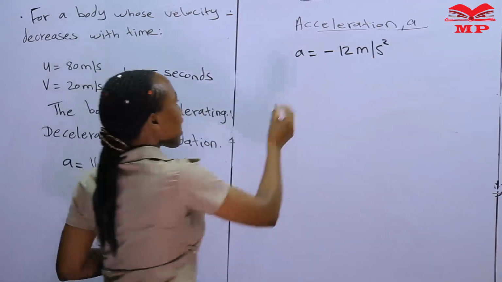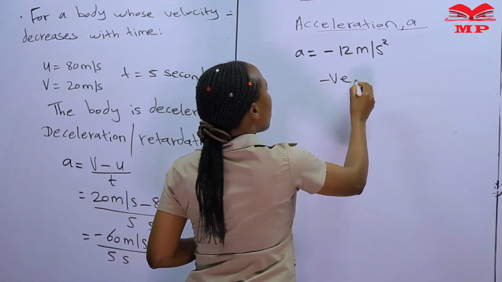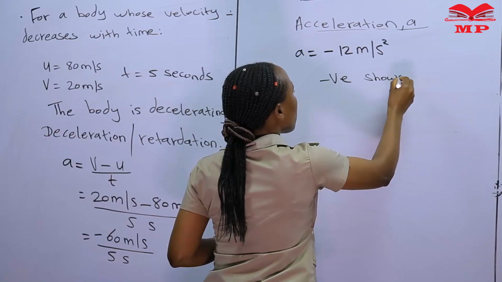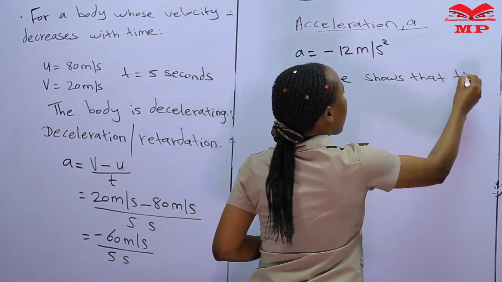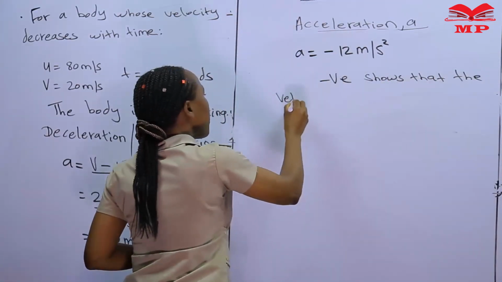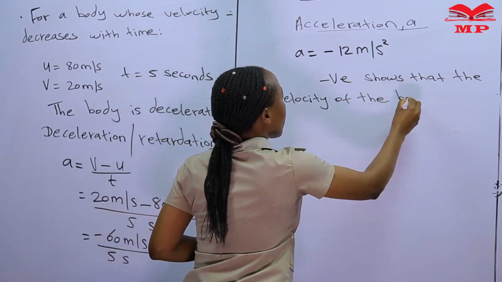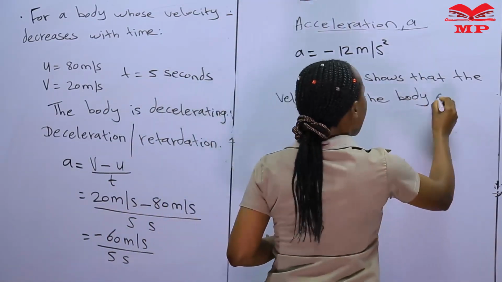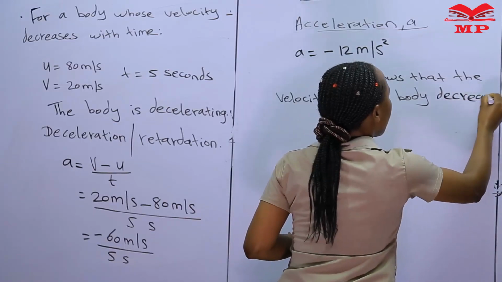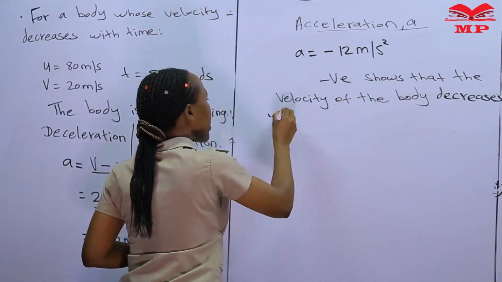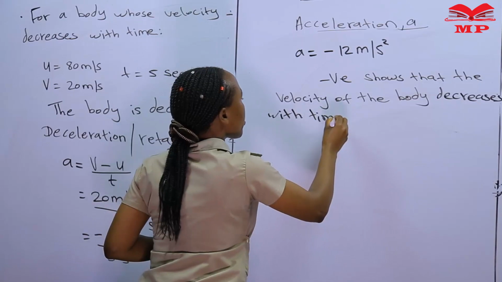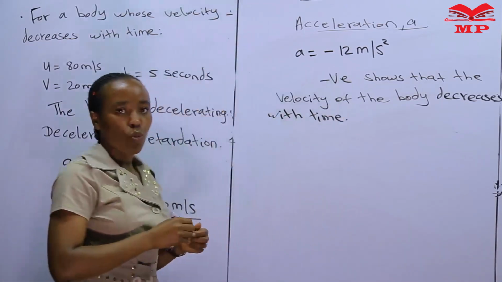The negative shows that the velocity of the body decreases with time. The velocity of the body decreases with time.